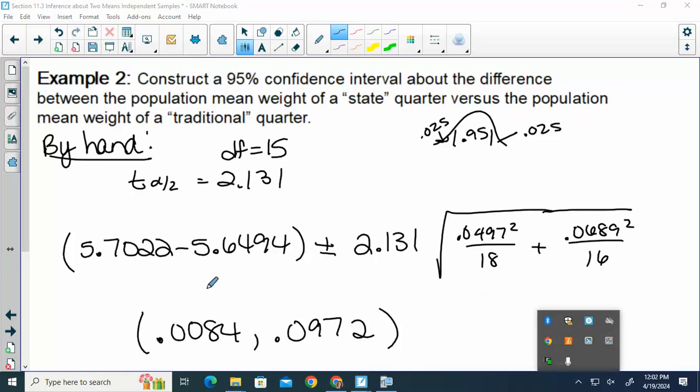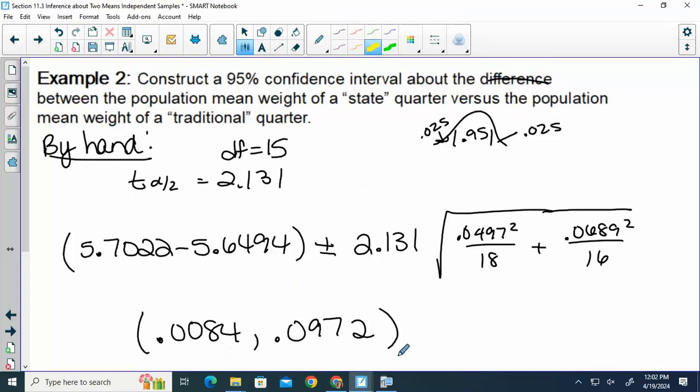So what this means, we are 95% confident. What do these numbers represent? The weight difference is between these numbers. They're both positive, so we're basically saying the state one's way more. This is all based on the difference, the first minus the second.